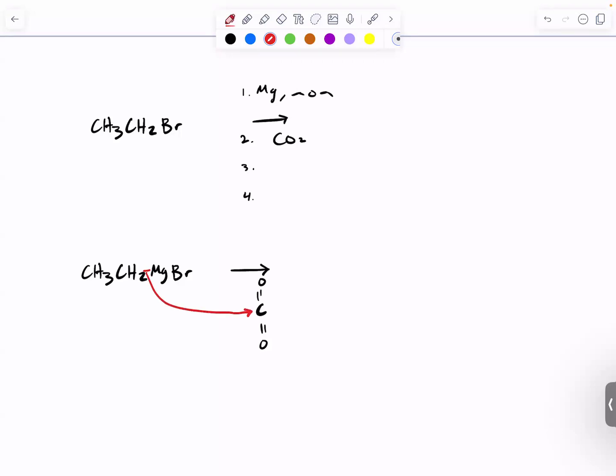It hits the carbon. This pushes up to an O minus. I start to redraw things, and I think of a C double bond O up on top, O minus, and then your new carbons. So we have 3 carbons in total. Here's my CH3, CH2. And then, of course, with our next step, we have an H plus. That's going to help us turn that into a carboxylic acid.